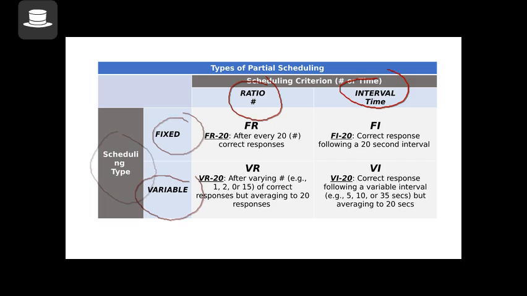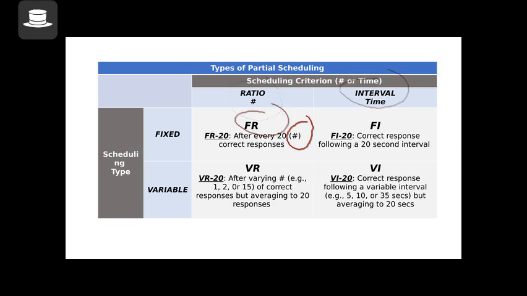Fixed ratio scheduling would be reinforcing a response after a fixed number of correct responses. For example, in FR20, reinforcement occurs after every 20 correct responses.